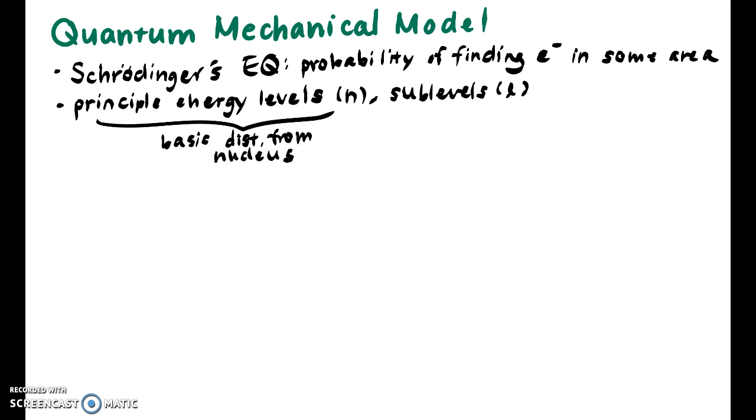We have sublevels l, which are the different areas within an energy level, within n, where electrons can be found.